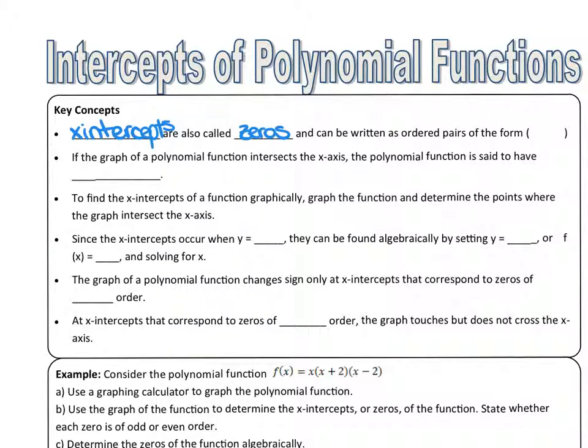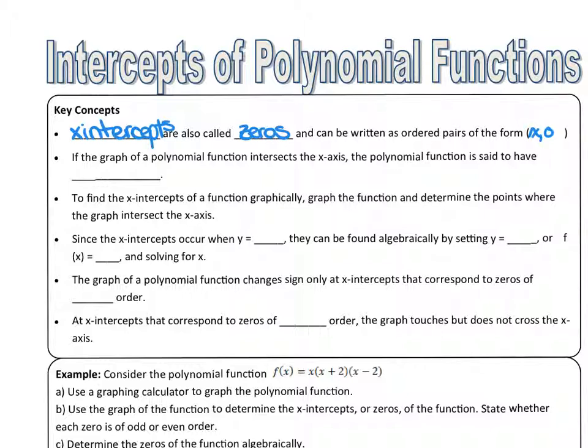Some books might say x-intercepts, some will say zeros. They all refer to the same thing, and they can be written in the form (x, 0), because they are the point on the graph where y is 0, or where it intersects the x-axis. So it's all kind of the same thing.